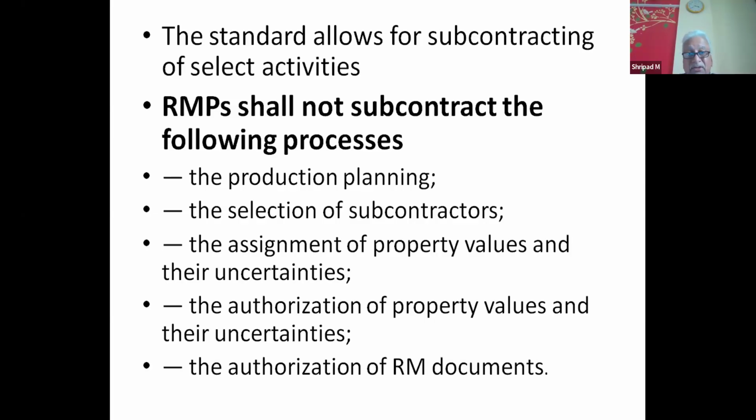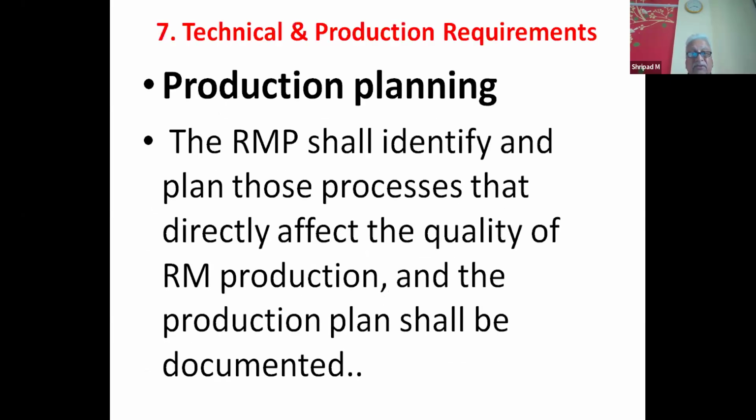That is production planning, then selection of subcontractor, assignment of property value and its uncertainty, authorization of property value and its uncertainty, and authorization of the RM document. These activities have to be performed by the reference material producer on their own; the RMP cannot subcontract them. So this is the first thing, production planning.